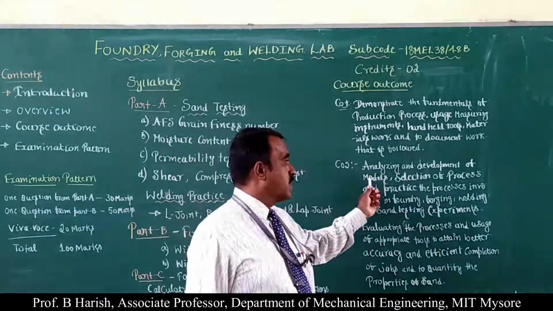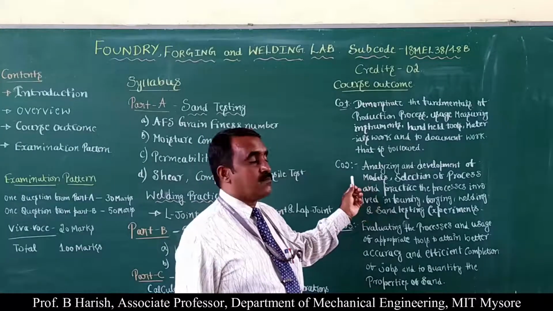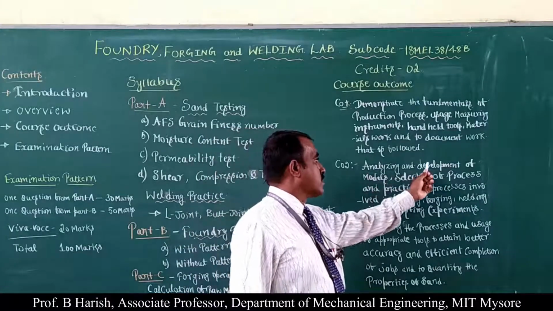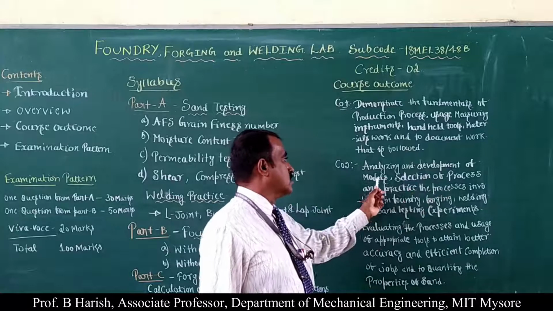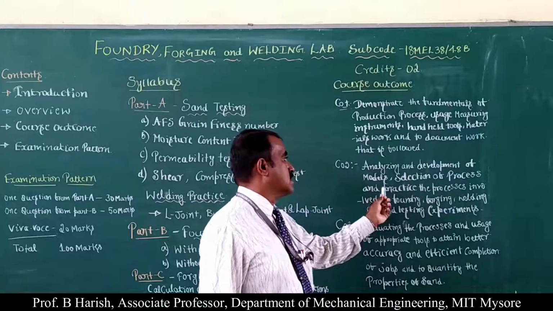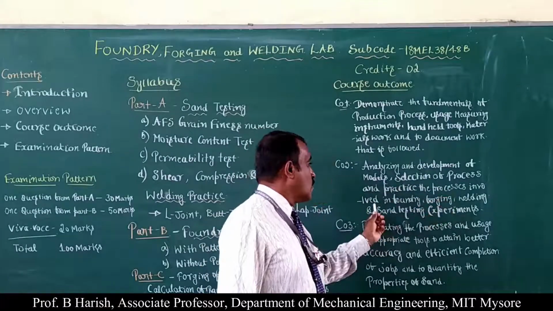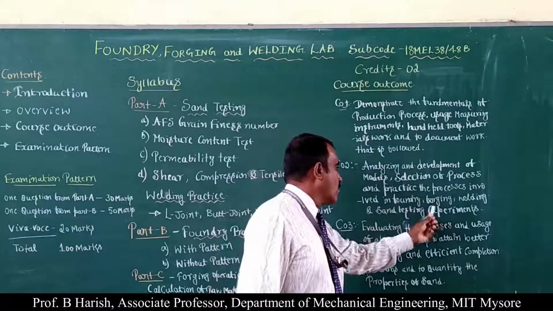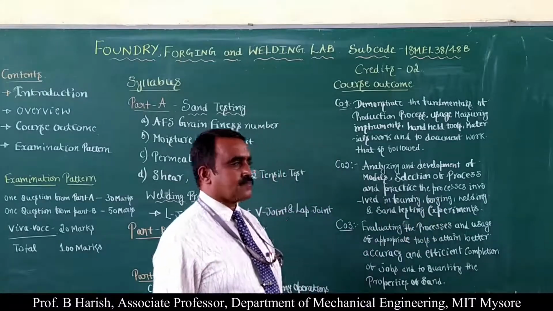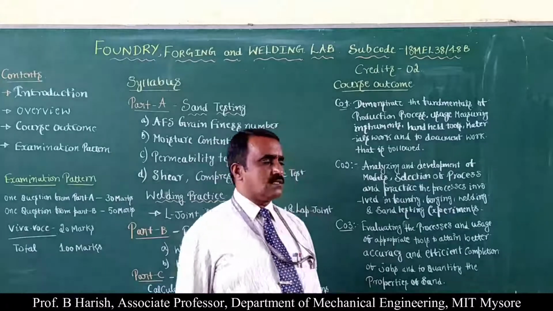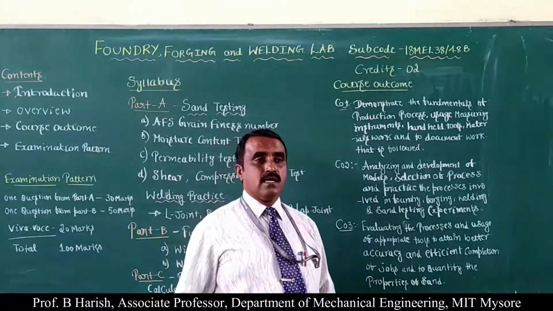Then the second one is course outcome number 2: analyzing and development of models, selection of process and practice of the processes involved in foundry, forging, welding and sand test experiments. Once you know the basic things, the next part is analyzing.